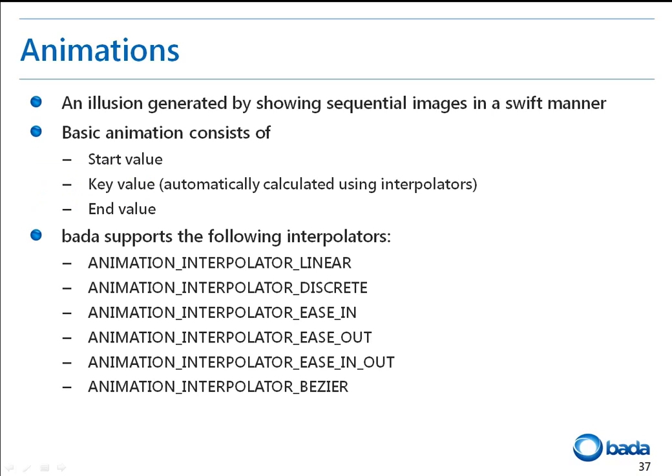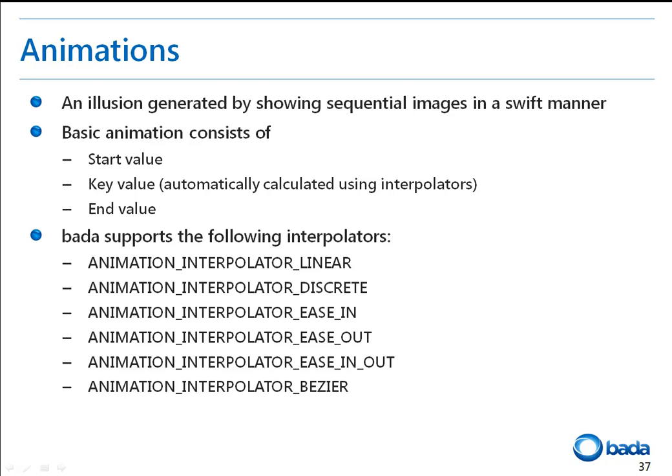An animation is an illusion generated by showing sequential images in a swift manner. It involves associating several key frames that contain values such as the position and alpha and the duration in milliseconds with a target object to be animated.